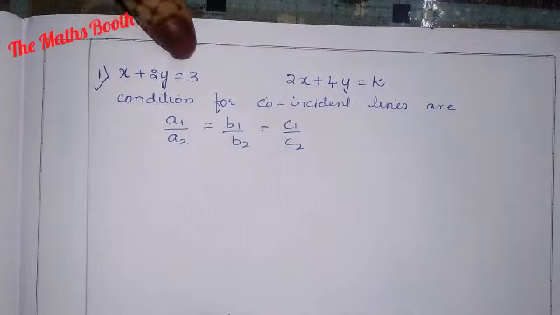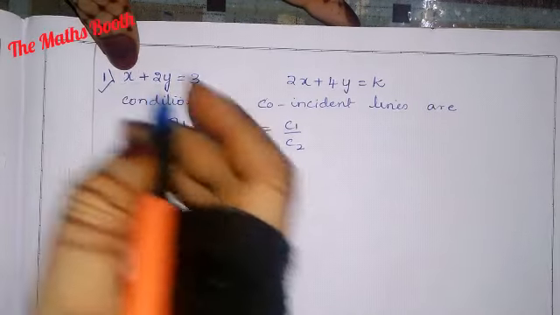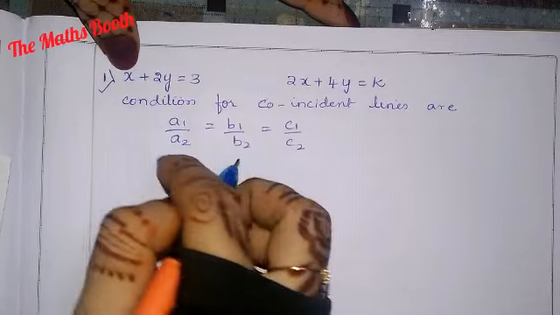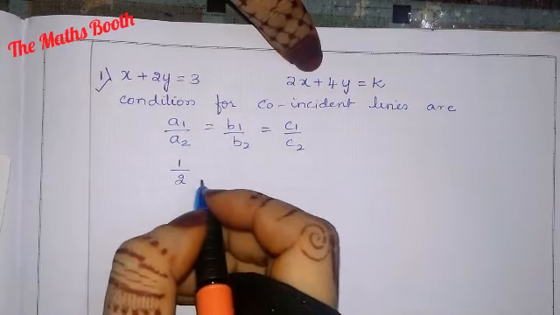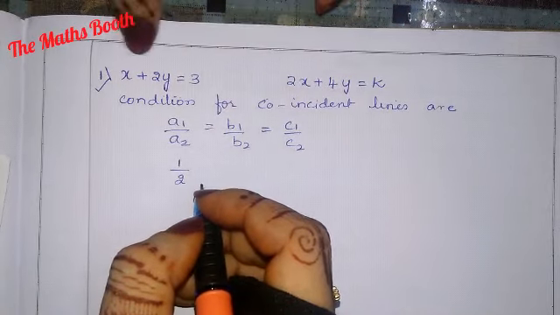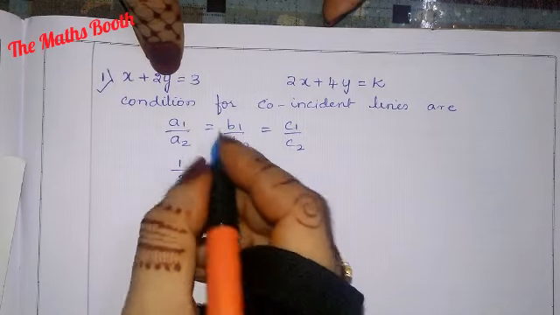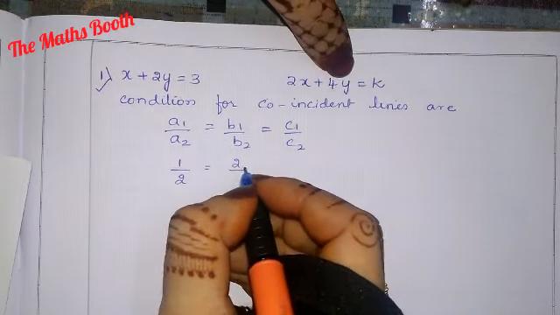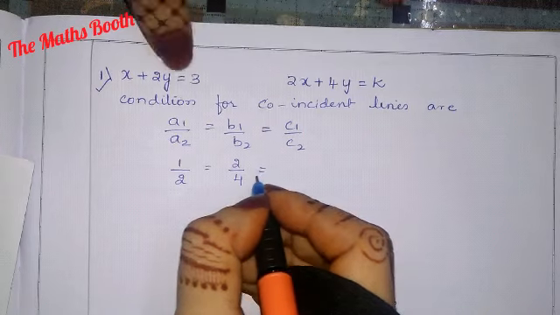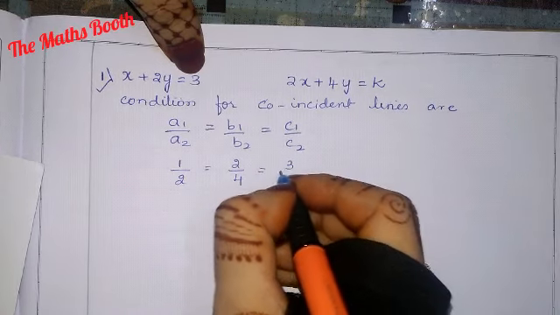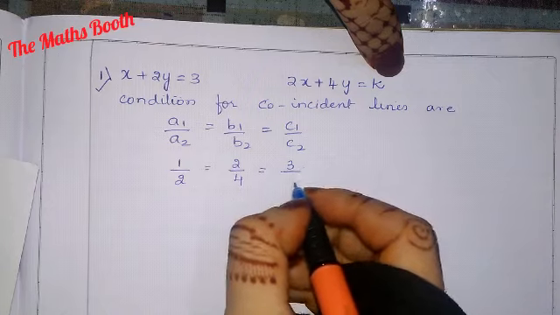So we know the condition. So here A1 is 1, A2 is 2, the x coefficients. Then B1 is 2, B2 is 4, C1 is 3, C2 is k.